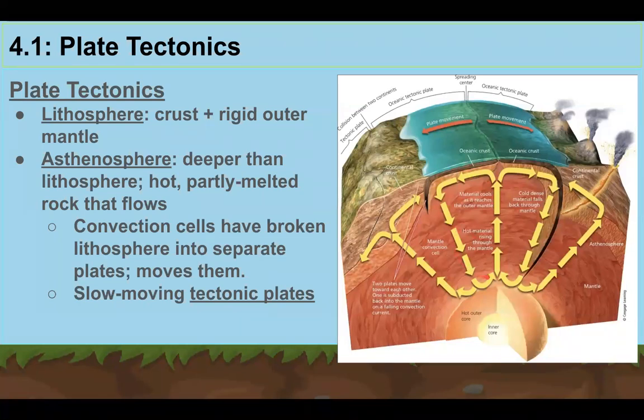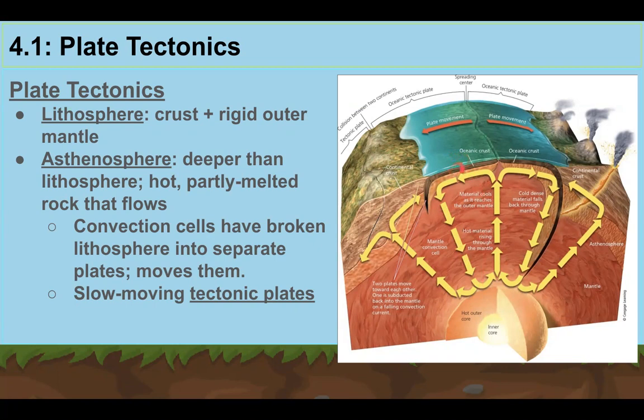So what we have is hot molten rock flowing up towards the surface. And as it gets up towards the surface, it cools down, it's going to move laterally. And then as it cools, it is then going to flow back down where it warms up again and then flows up like that.